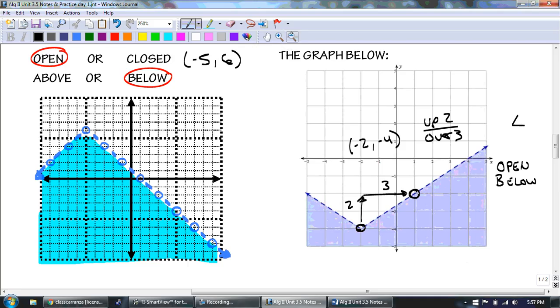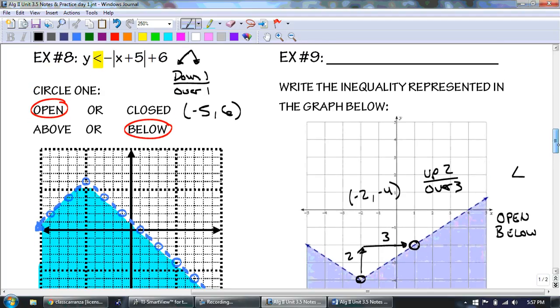All right, so we take all of that to say that it is y less than 2/3 times the absolute value of x. I take the opposite and then our -4 stays the same. Okay?